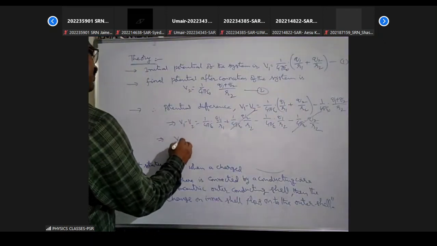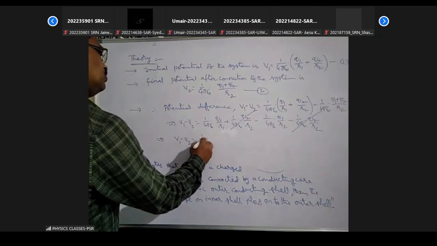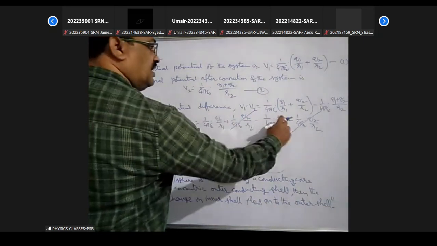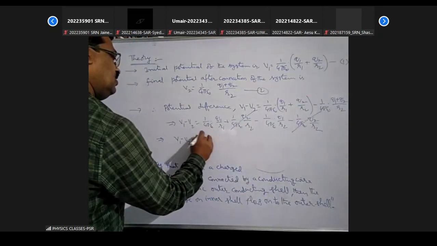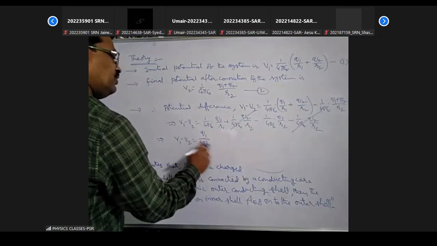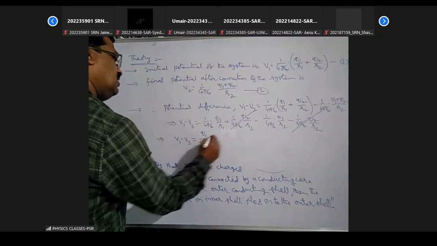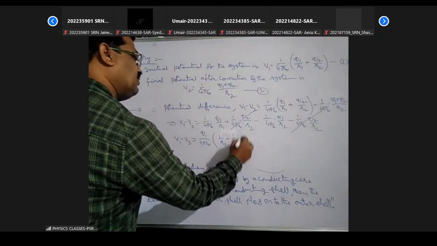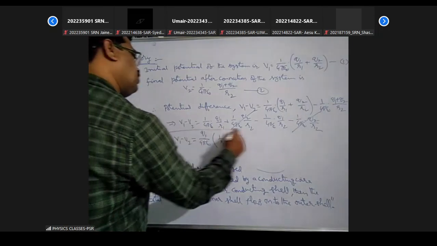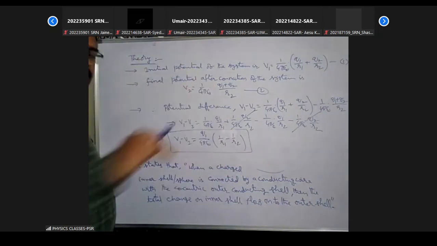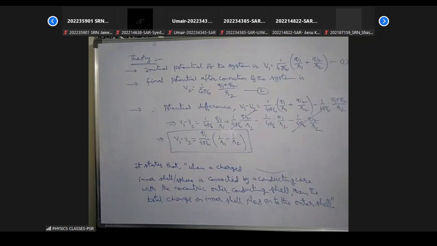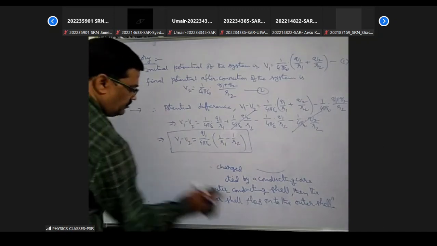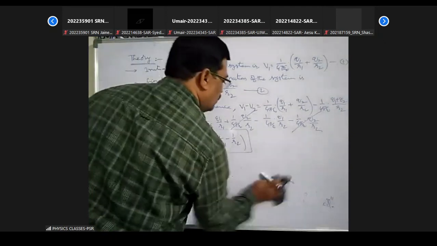This implies V1 minus V2 is equal to 1 by 4 pi epsilon naught, with Q1 taken common, Q1 by 4 pi epsilon naught into 1 by R1 minus 1 by R2. This is the potential difference according to the generator principle. It is important and useful in many problems.